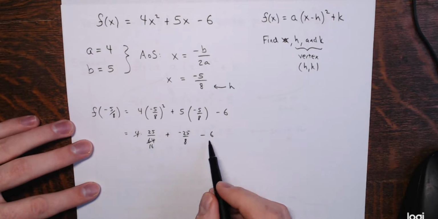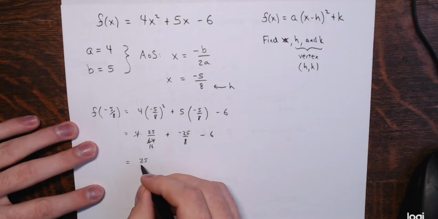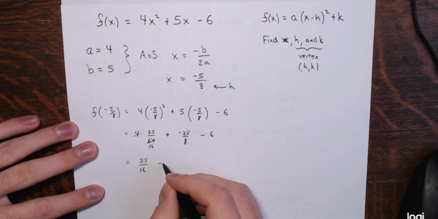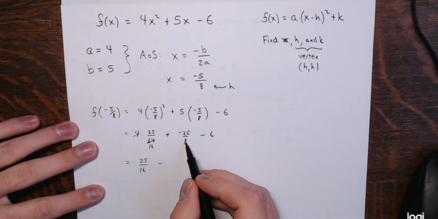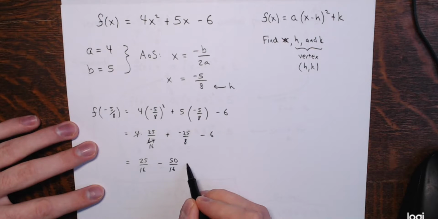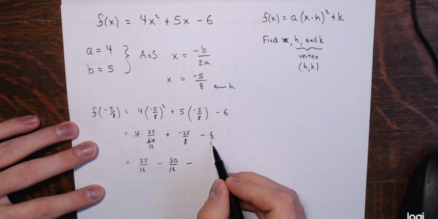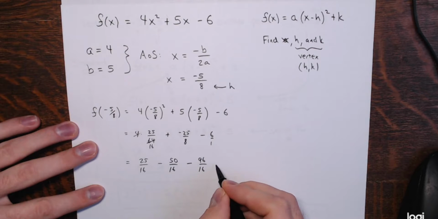And now I'm just going to get a common denominator of 16. So this is 25/16 minus, plus a negative, and then multiplying the numerator and denominator of this fraction by 2, we have 50/16, minus 6 over 1. I'd multiply by 16, giving me 96/16.